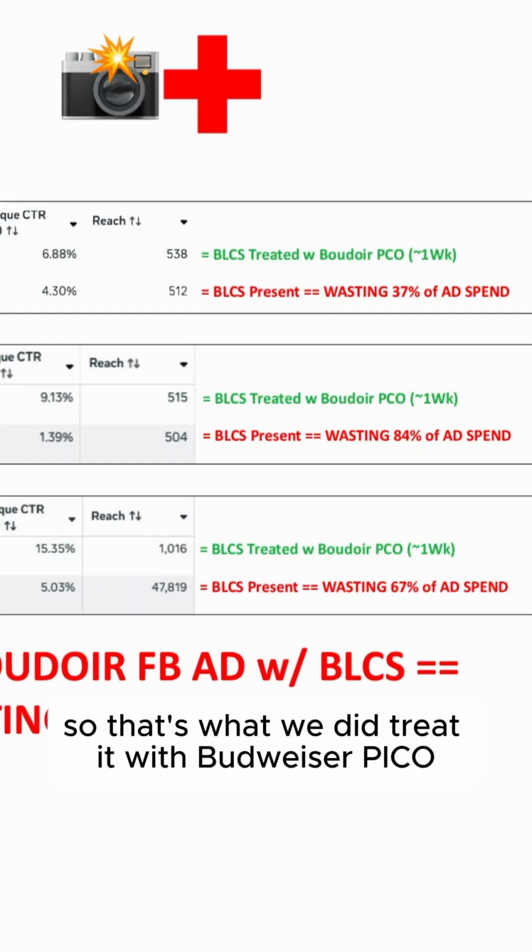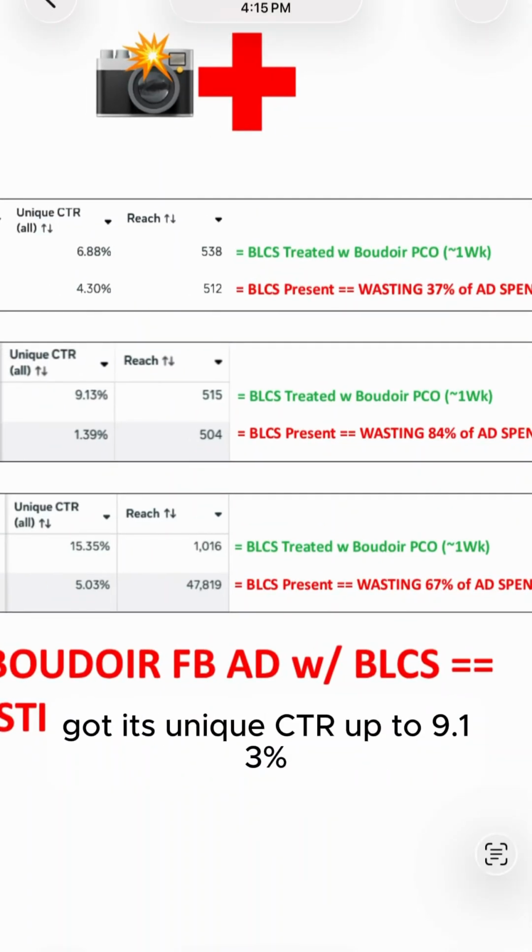So that's what we did. Treated with Boudoir Pico, got its unique CTR up to 9.13%.